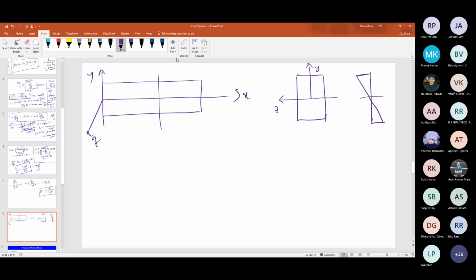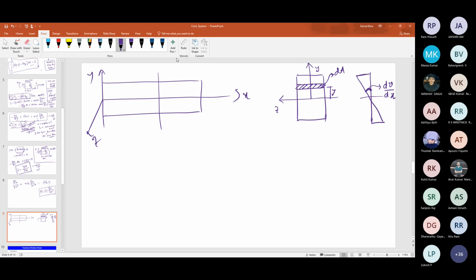Strain is varying linearly. I'm considering an elemental portion of area dA at a distance y from the neutral axis. So what is this angle? This is the slope, basically, right? In Euler-Bernoulli beam theory, it will be dv by dx.